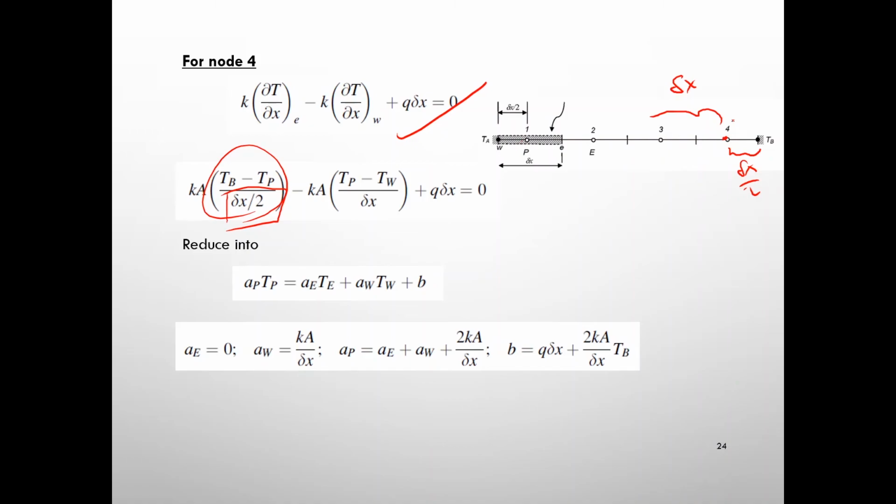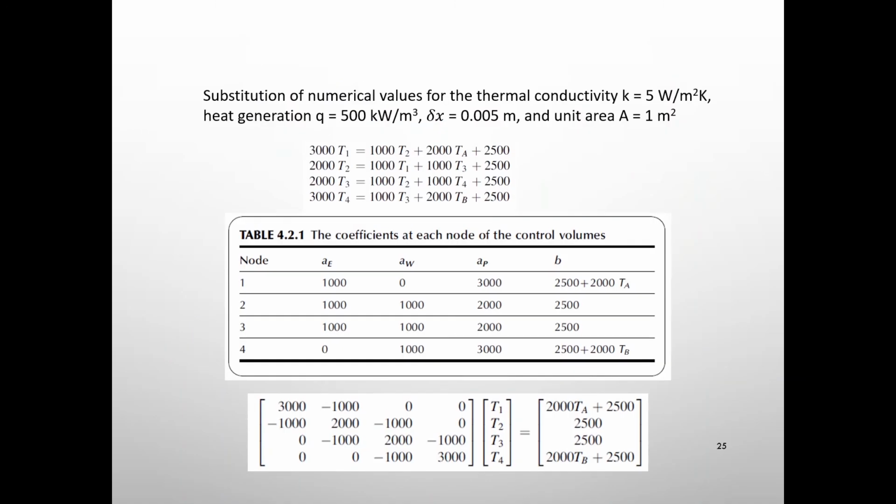So for this case, this is P, and this is somewhere after TB, and this is your west. Just do the same thing. You get almost the same results, except the one on the east is zero, the one on the west has a value, and this will give you something like this B, and in the TB before this we have TA.